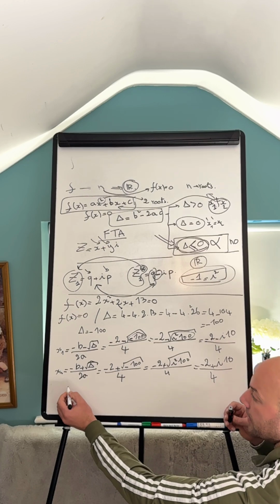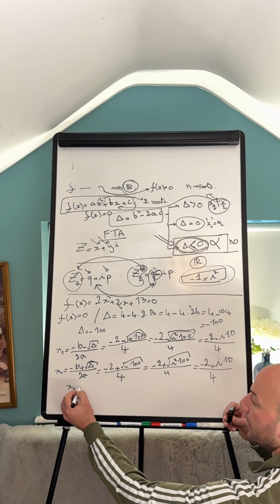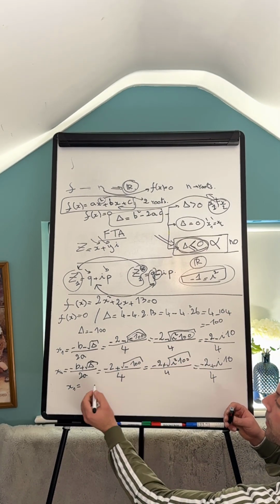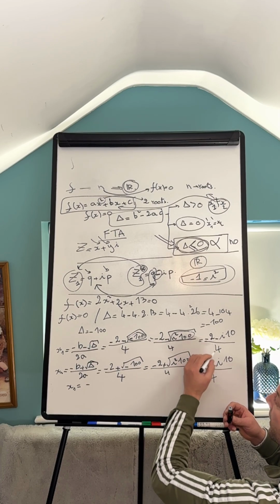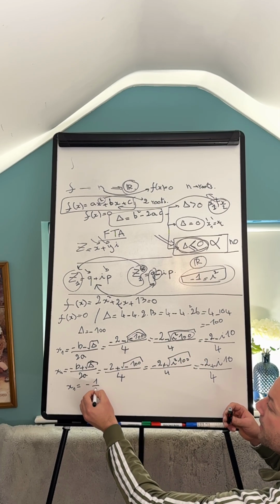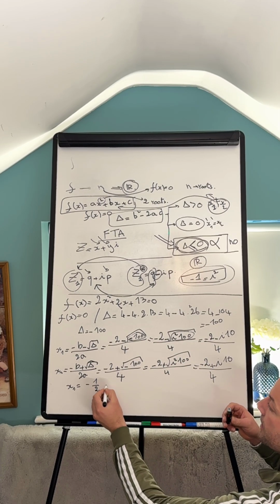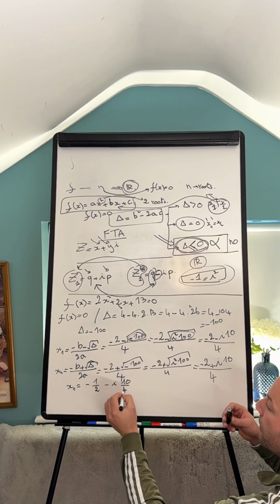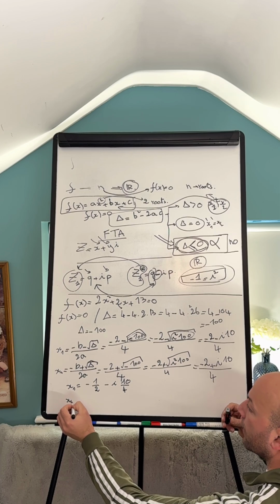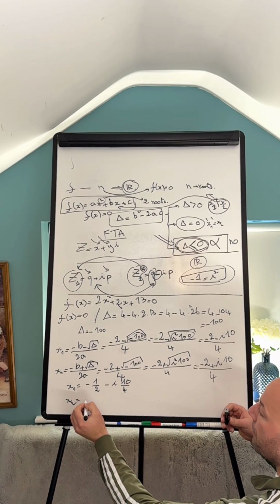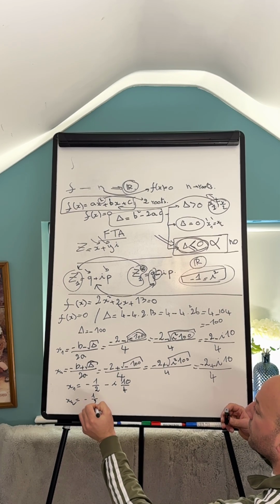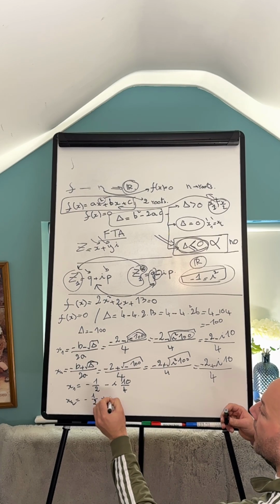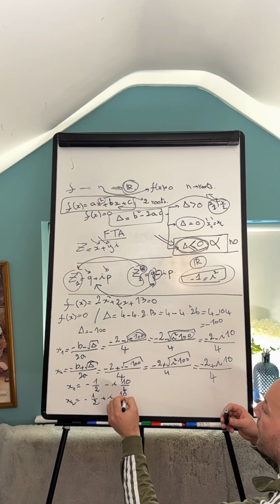x1, just to write it simply here, x1 equals this number here, which is minus 2 divided by 4, which is minus 1 divided by 2, minus i 10 divided by 4. And then x2 equals minus 1 divided by 2 plus i 10 divided by 4.